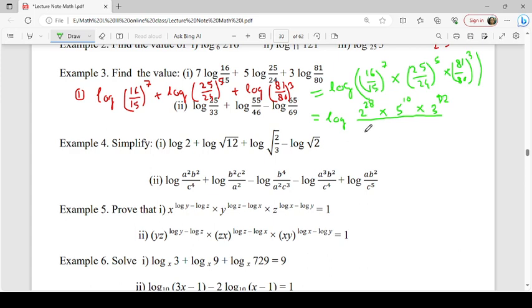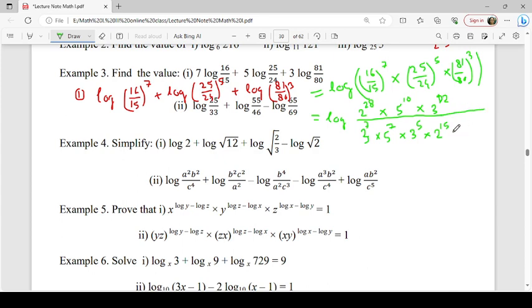Then 15 to the power 7: 15 is 3 into 5, so 3 to the power 7 into 5 to the power 7. 24 is 3 into 8, or 3 into 2 cube, so it is 3 to the power 5, and 2 cube to the power 5 is 2 to the power 15.